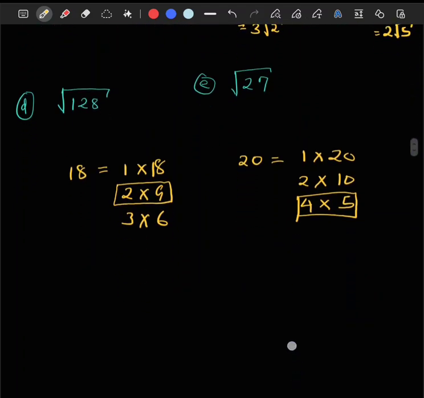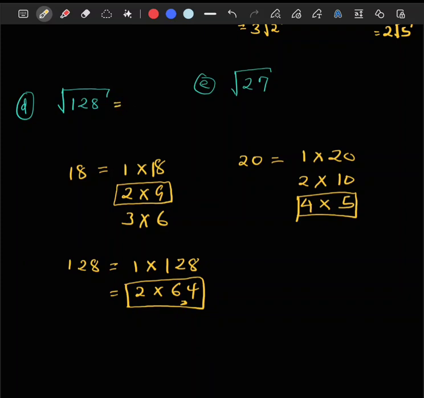128. 128 can be written as 1 times 128, or it could be written as 2 times 64, and so on. Since we already found our perfect square number here in 64, because 8 times 8 is 64, we're going to write this 128 in that form. Instead of writing 128, we're going to write that as square root of 64 times 2.